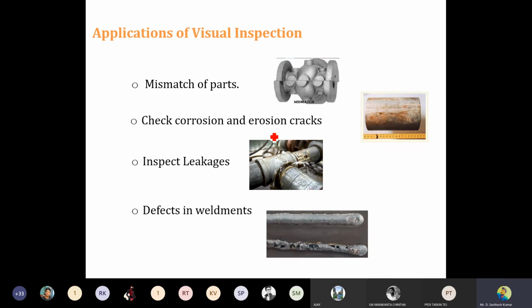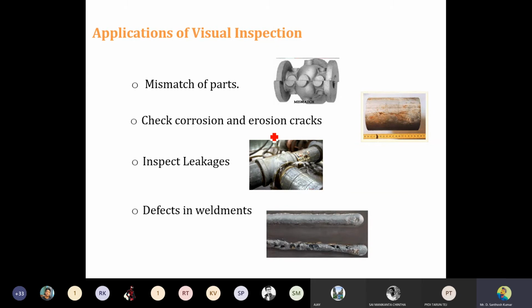Also, you can identify cracks that may form due to corrosion or erosion. Due to these reasons you may get cracks on the surface, which you can easily identify by the visual inspection method.